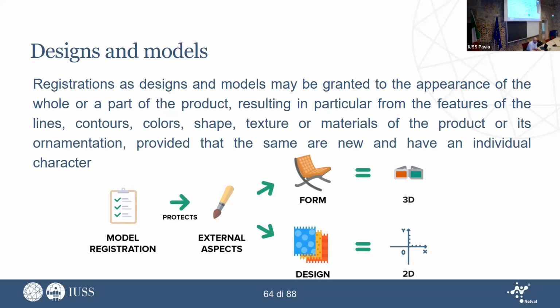A typical design or model registration could be for a design object, like some particular chair, or some sofa, like the Mouth sofa of Dali, or some designs for textile, like the Missoni designs for fabric.